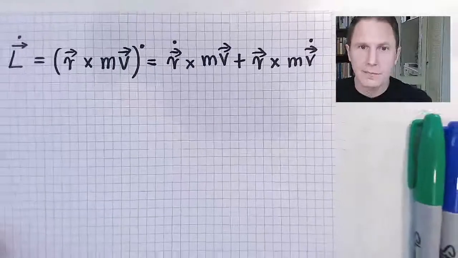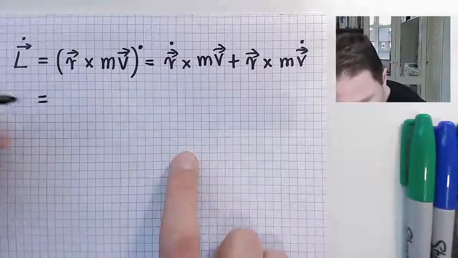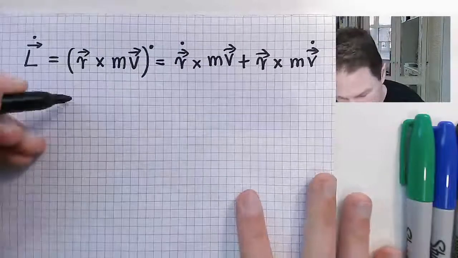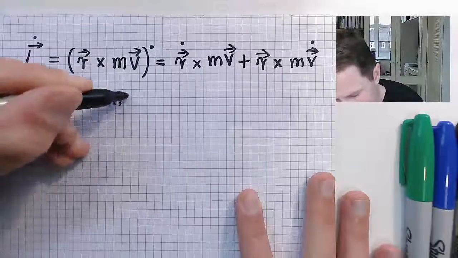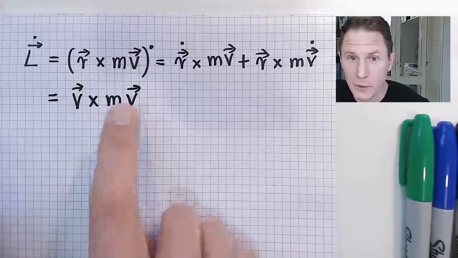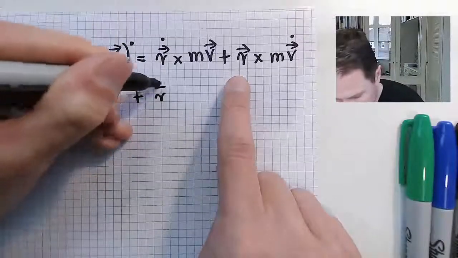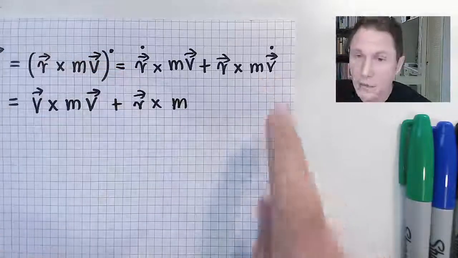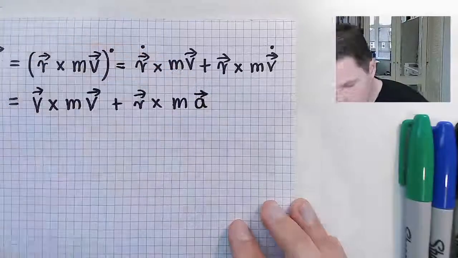Okay, and this is what we are left with. Now let's look at what we have. We have r dot, the rate of change in position. Well, that's just the velocity vector, and we have its vector product with m times itself. Okay, and then what we have is the position vector crossed with m times the rate of change in the velocity vector, which is the acceleration, right?